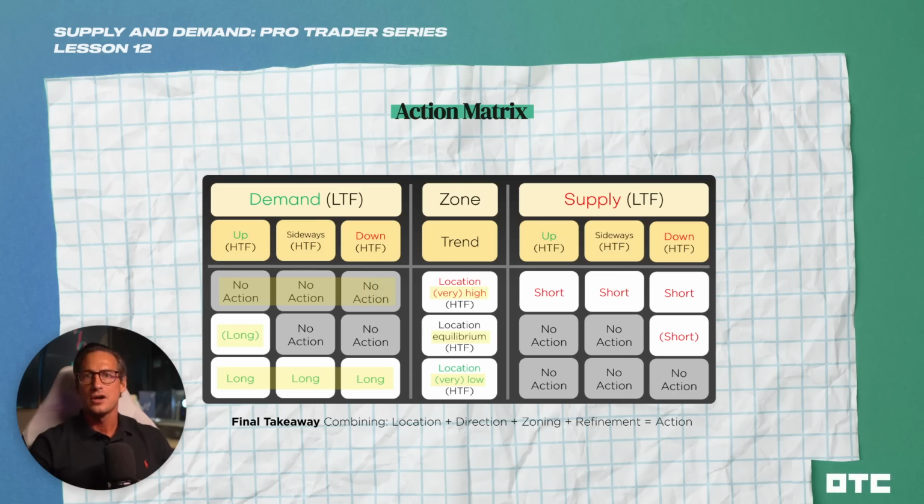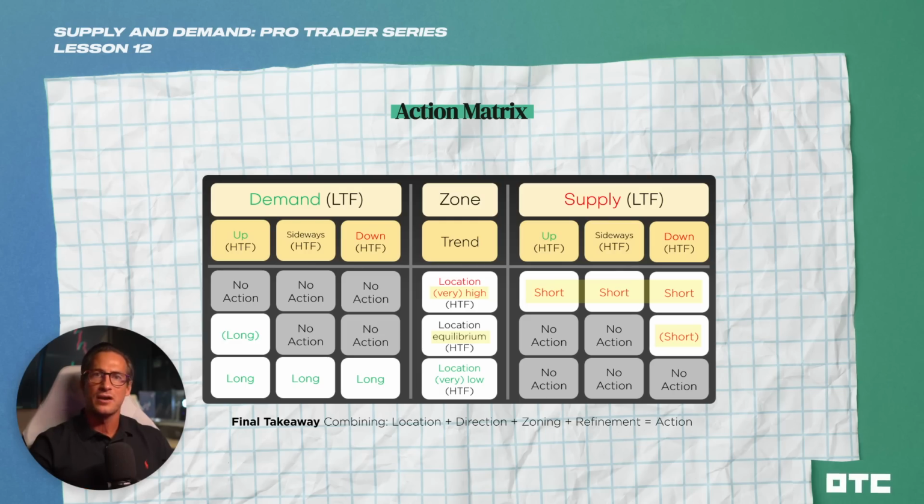Now, let's talk about LTF supply on the right side. We are always allowed to trade lower timeframe supply if we are in the context of HTF high and very high. But the profit margin and probability of success changes depending on the trends we identified. The best case scenario is trading with a trend, in this case a downtrend, where you could also sell in the context of equilibrium with slightly less probability and less profitability.